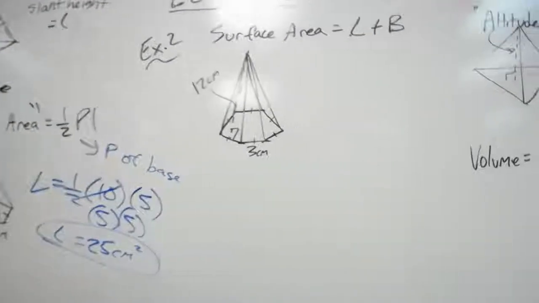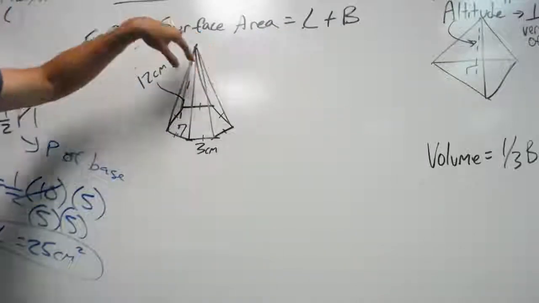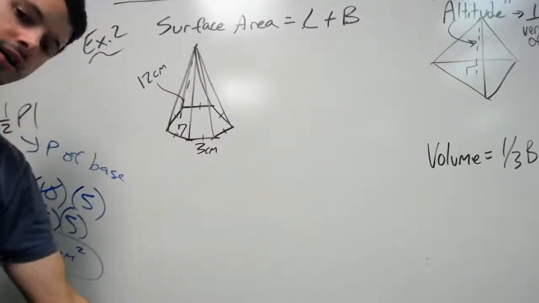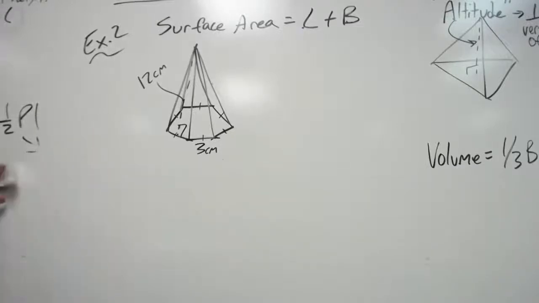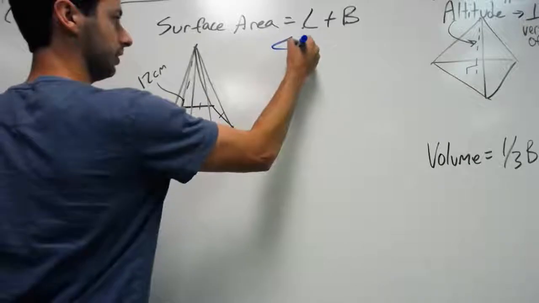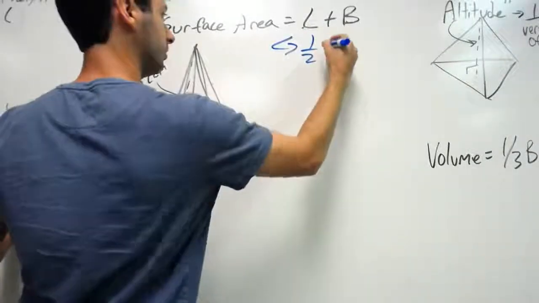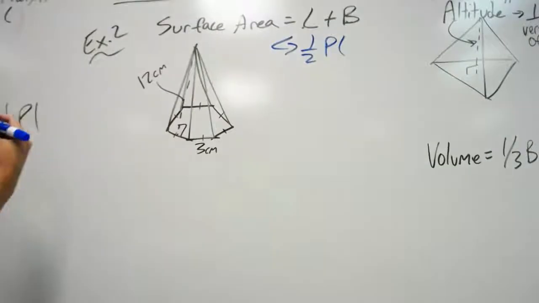Surface area is the lateral area, what we just did, and then adding the area of the base. So we start by doing our lateral area, and that is 1/2 perimeter times slant height. Well, what's our perimeter? The shape of our base is a hexagon.